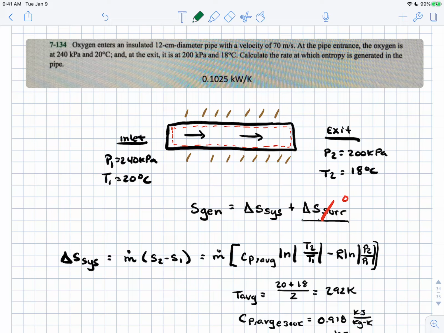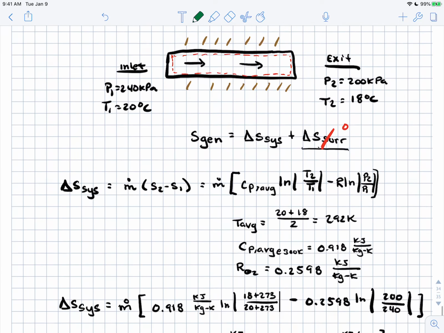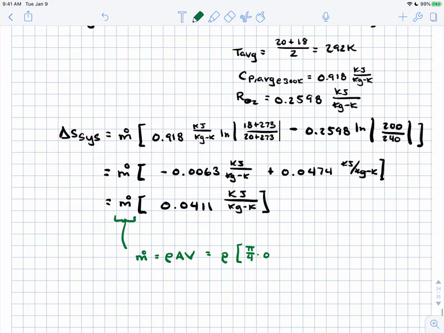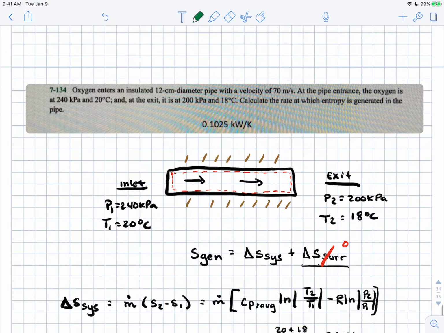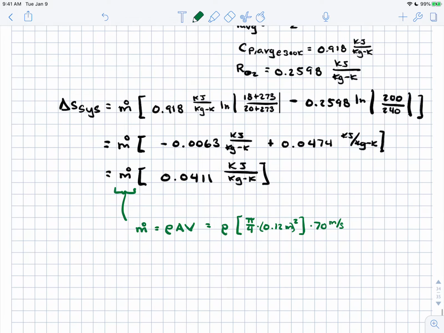The area, we're given the diameter of the pipe, so we can calculate that: pi over 4 times 0.12 meters squared. And the velocity at the inlet of the pipe is 70 meters per second. So really all we need to determine here is the density.